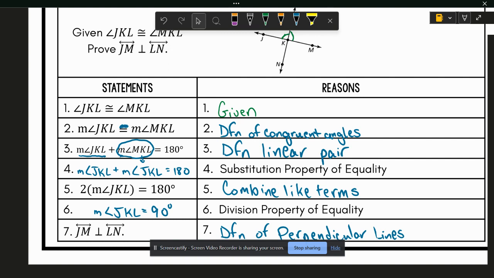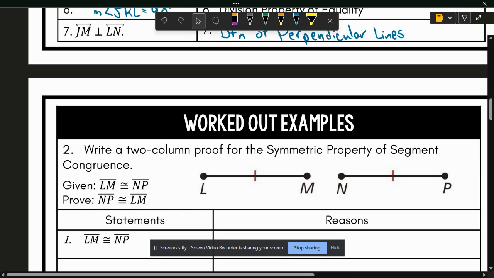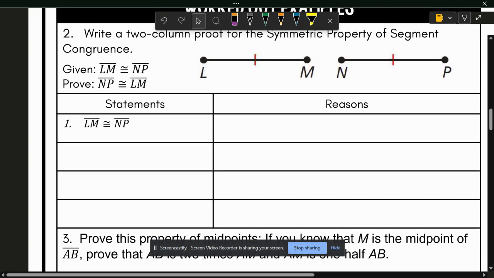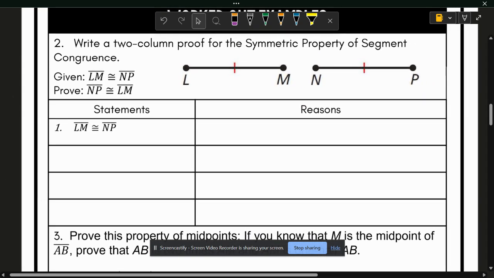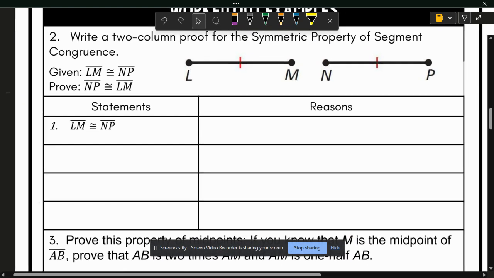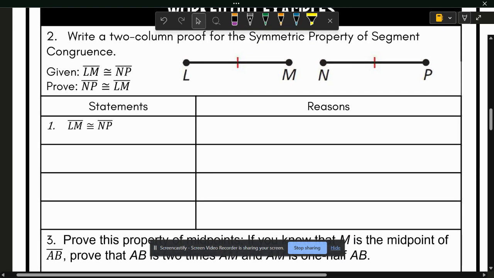We have to mathematically use some type of proof or theorem or even definition to get to that. But it is 90, so why can't you just skip a few steps? It still gives you the same outcome. I know it does give you the same outcome, but for that specific example, I wanted you to name each individual step.